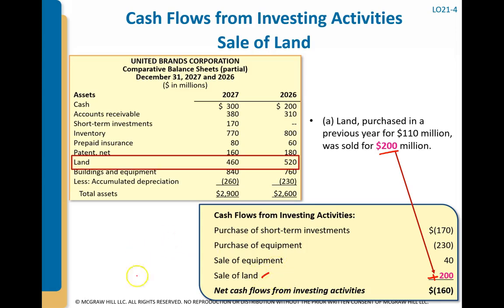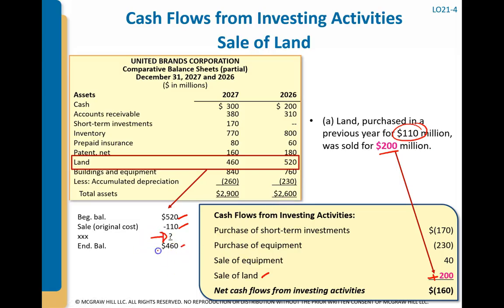And before we can determine if we're done with our cash flows from investing activity, we have to do a roll forward of our land account to see if anything else occurred. Our beginning balance is 520. We sold, the cost basis for this land was $110 million, and our ending balance is 460.